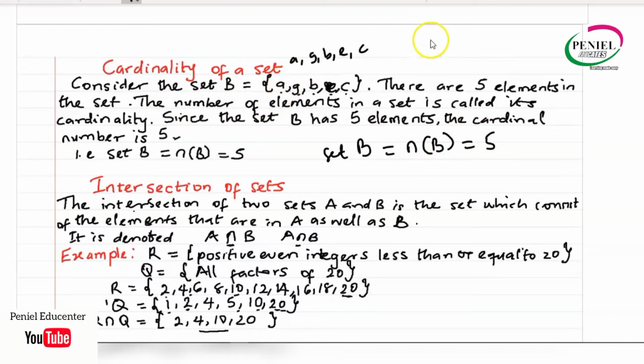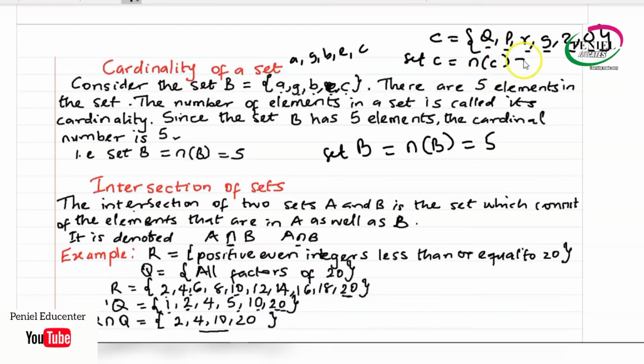So if you are given another set C to be Q, P, R, G, Z, and O, and you were to look at the cardinality of set C: 1, 2, 3, 4, 5, 6. The cardinality of set C is 6. So that is how cardinality is.